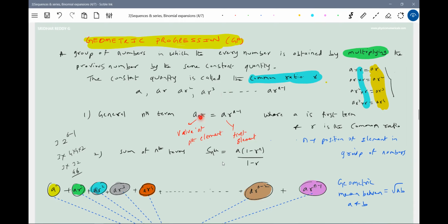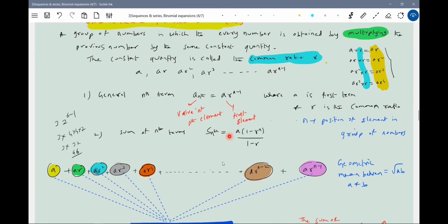How to calculate the value of nth term, nth element: A r to power of n minus 1, where A is the first term, R is the common ratio, and n is the position of the element in the group of numbers.